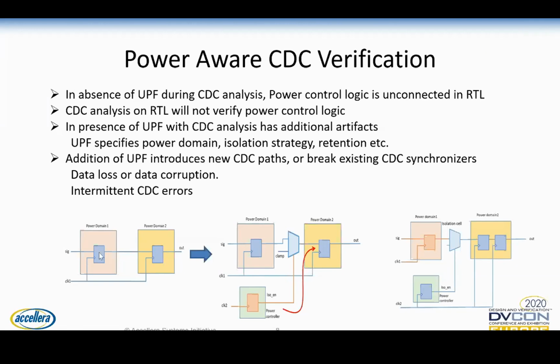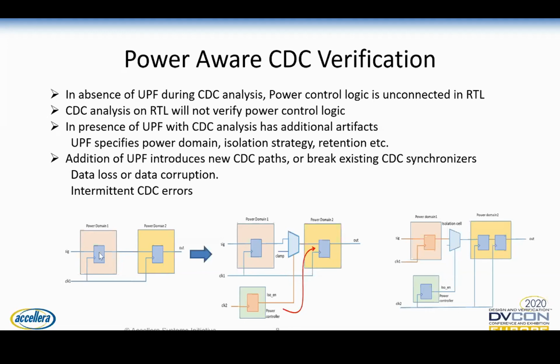And another challenge is, suppose you look at the last figure, the rightmost one, from power domain 1 to power domain 2, there is already a synchronizer circuit. So from orange to yellow, there is already a synchronized CDC path. But once the isolation mux is added, the existing path, which was very glitch free, now has an isolation cell added.